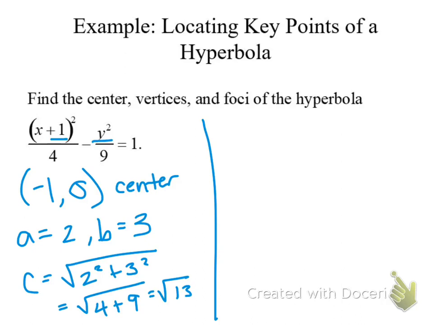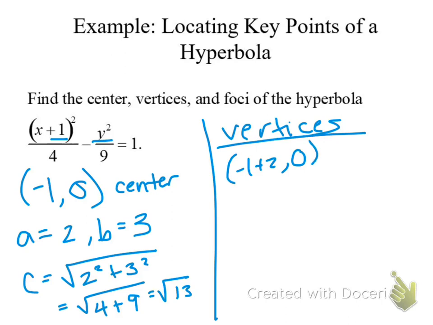So to find the vertices, x is the main variable, so I'm going to add them to x. And so my vertices, I would add a to x. So I would have -1 plus 2, and then I'll keep my y value. And then I would also have -1 minus 2 and keep the y value. So that's going to be 1, 0, and that's going to be -3, 0.